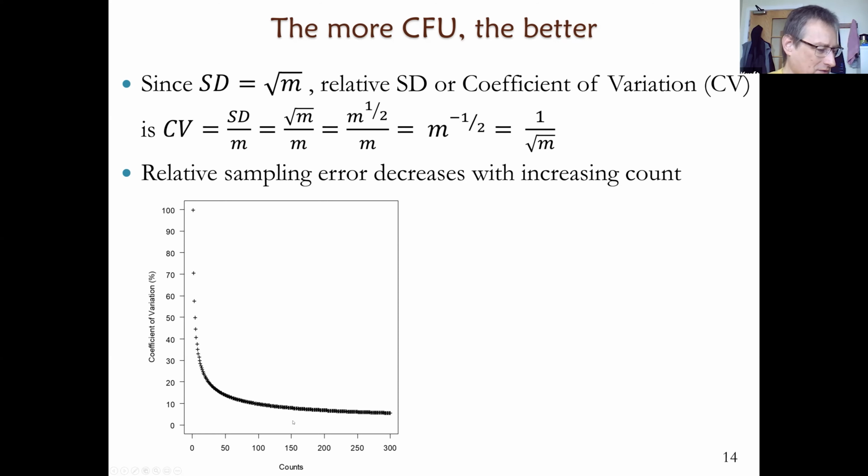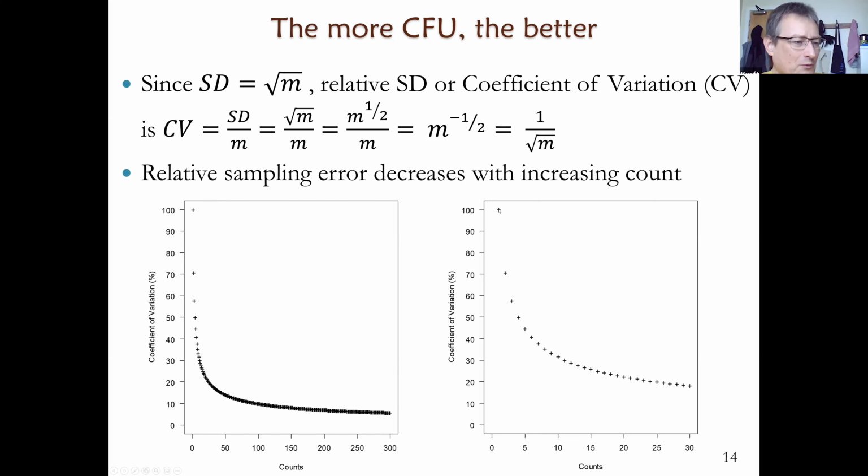So there's not much of a difference between 100 and 200, for example. Zooming in up to 30, you can see that if you have a single colony on your plate, the relative standard deviation is 100%. So you have a very high so-called sampling error.